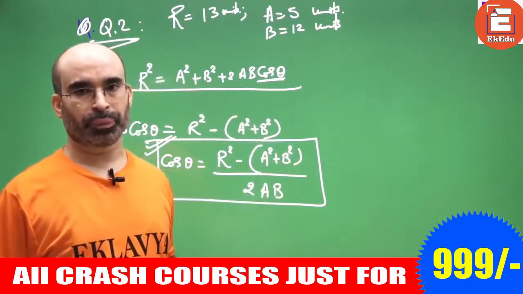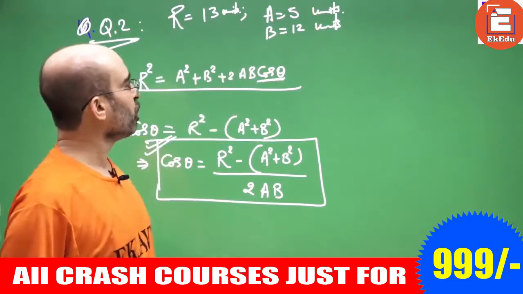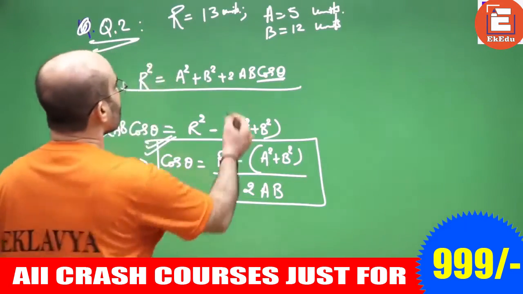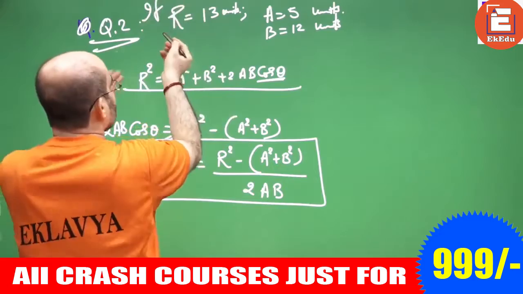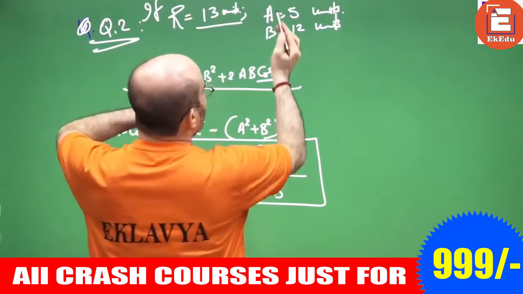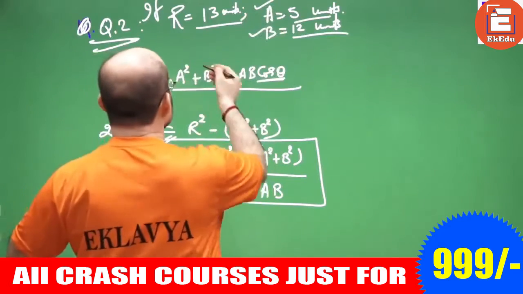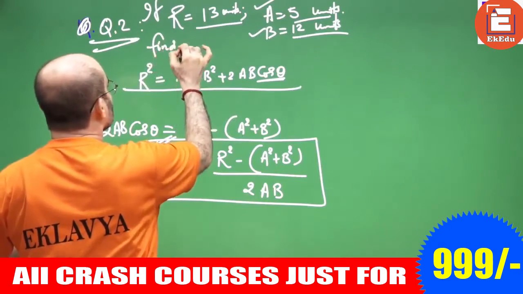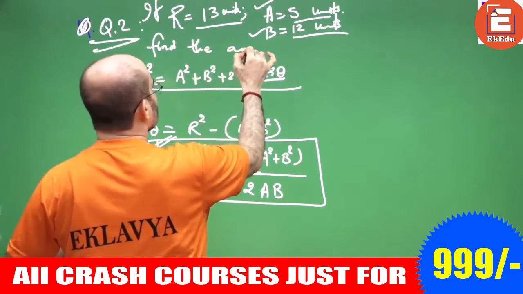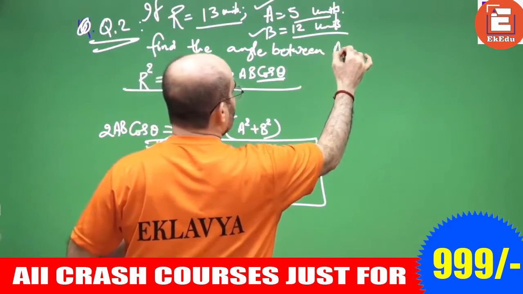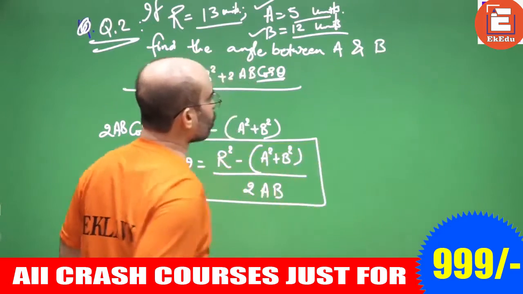How will you get this result? What we need to find out is, if the resultant vector has 13 units, and two vectors have magnitudes 5 and 12 units respectively, find the angle between A and B. How would you do it?